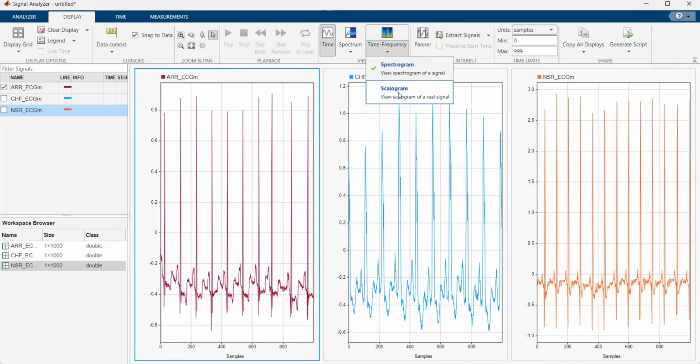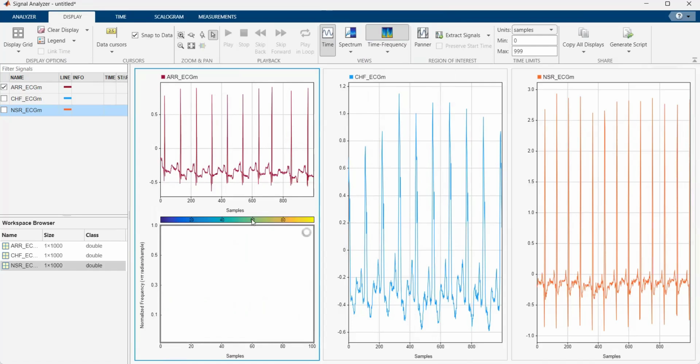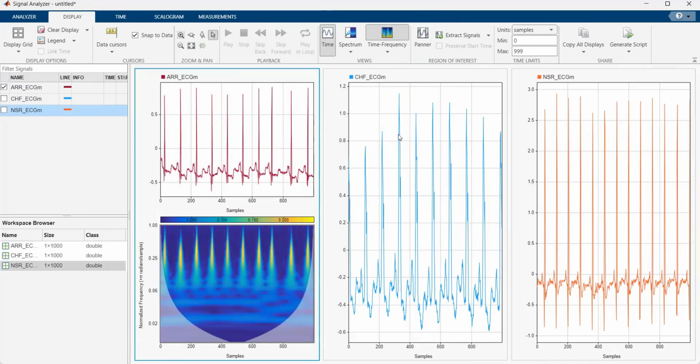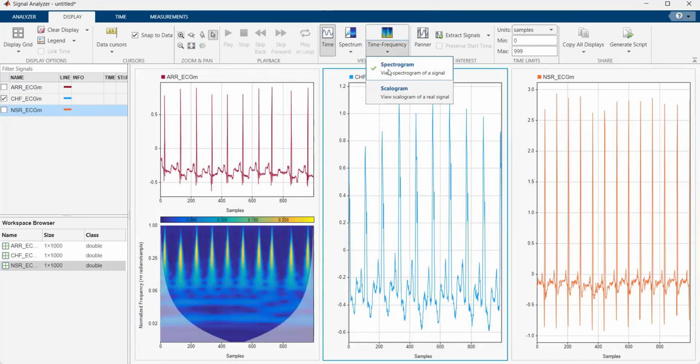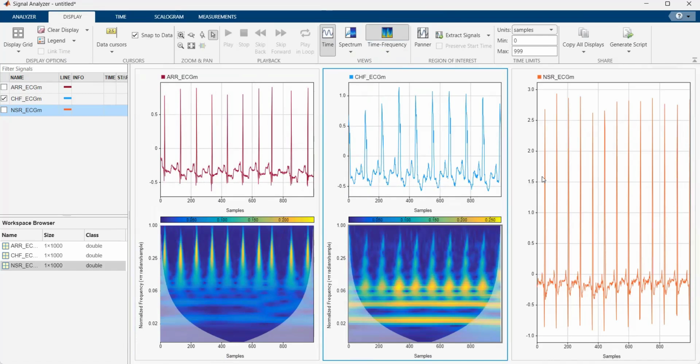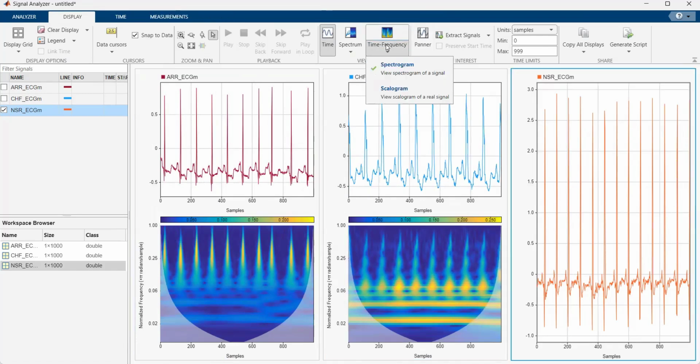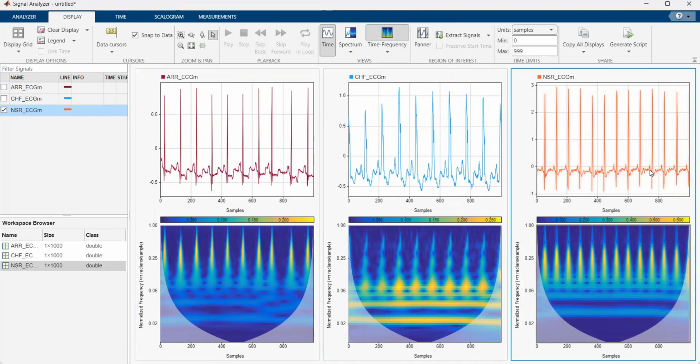Go to the scalogram section and plot the scalogram for arrhythmia, plot the scalogram for CHF, and plot the scalogram for the normal sinus rhythm. And now when you look at the scalograms, you very well understand, okay, they don't look the same. And this is an easier way of interpretation.